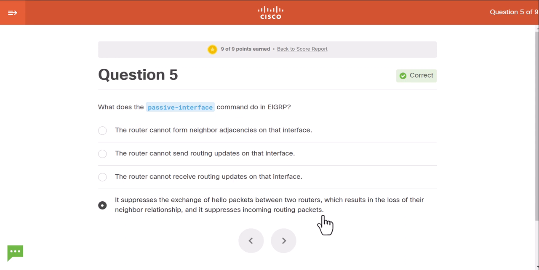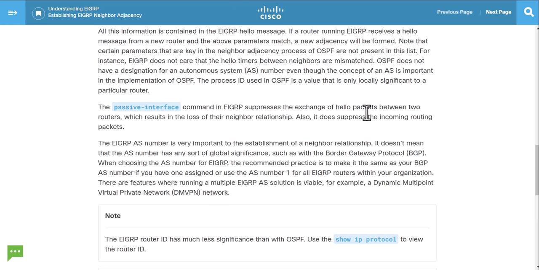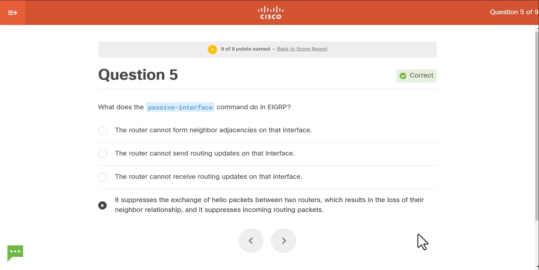Well, I wouldn't think this, of course, but probably this is a better definition. And more so, this definition is formulated word by word in the course. So it suppresses the exchange of hello packets between 2 routers, which results in the loss of their neighbor relationship, and it does suppress the incoming routing packets. So this is the correct answer because of this.